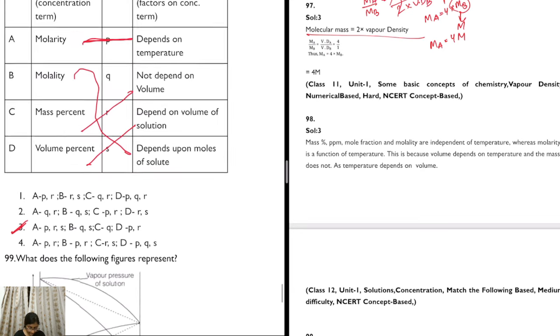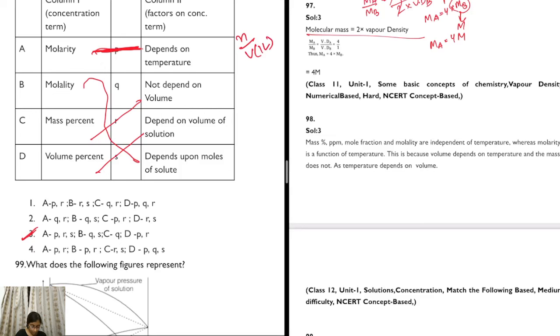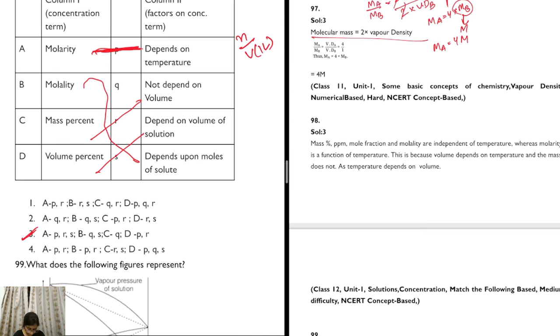See here. A, that is molarity, would be P, and molarity depends upon temperature as well as volume, number of moles in 1 liter of volume. And for B, molality does not depend on temperature. Let me make it more clear.